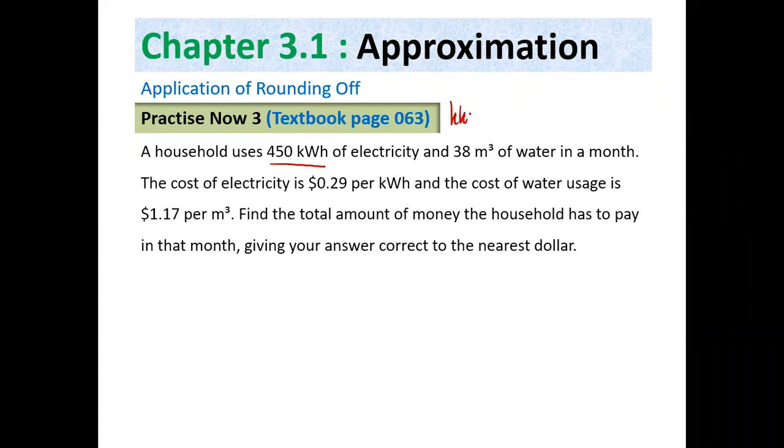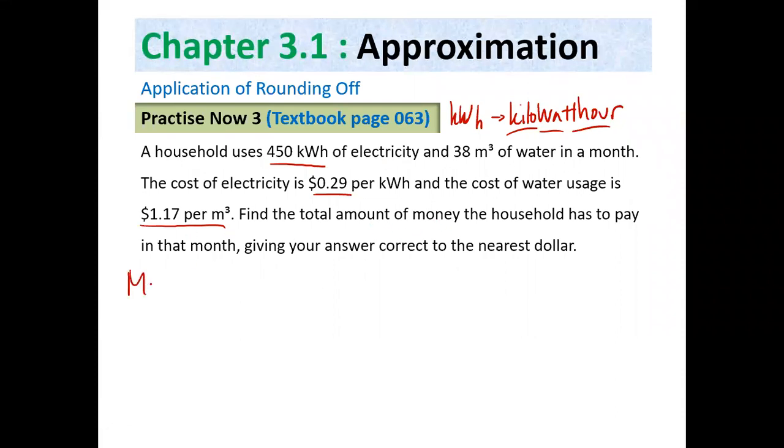So as you understand, this is science. Kilowatt hour of electricity and 38 meter cube of water in a month. Okay, the cost of the electricity is 0.29 and the cost of water usage is 1.17 per meter cube. Okay. Now, find the total amount of money.